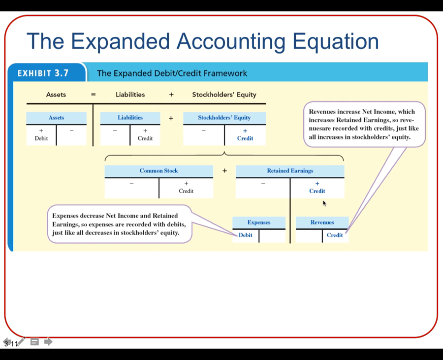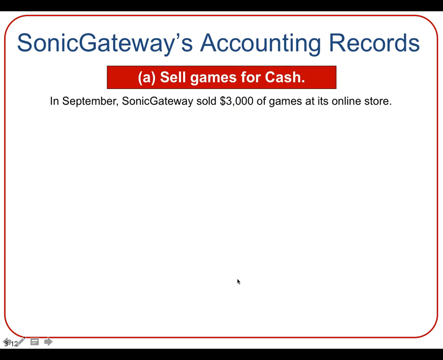And under retained earnings, you should have net income. In net income, an increase in your revenue is also an increase to your retained earnings. So an increase to your revenue on the right-hand side is a credit balance. And an increase to your expense, which is a deduction to your retained earnings, should be on your left-hand side, so it's a debit.